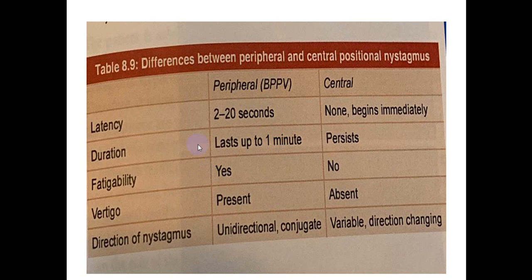Number three, fatigability. Number four, presence of vertigo. This examination, the Dix-Hallpike test, provokes severe vertigo during examination. And the direction of the nystagmus is rotatory and directed towards the examined and the undermost ear.